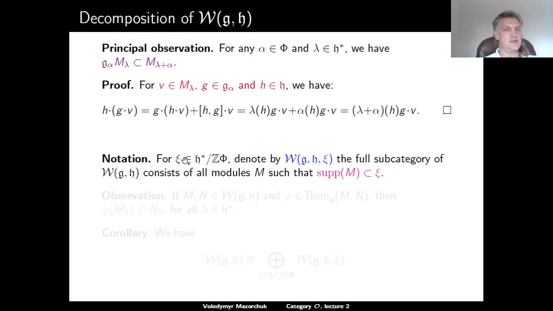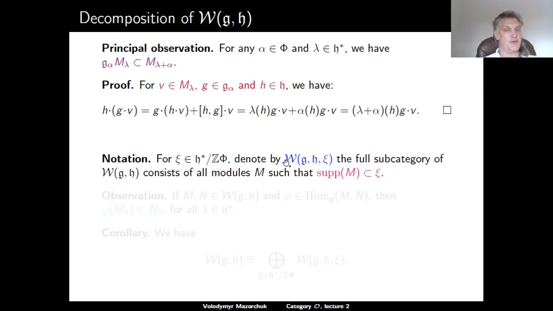For any coset psi of the dual space of the Cartan, modulo the additive subgroup generated by all roots, let us denote by W(G,H)_psi the full subcategory of the category of weight modules, which consists of all modules M whose support belongs to psi.